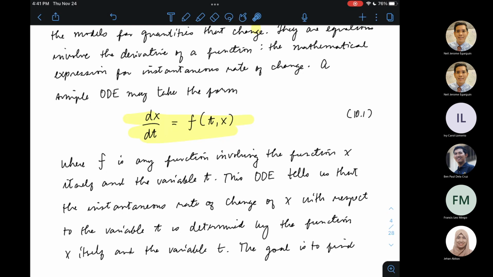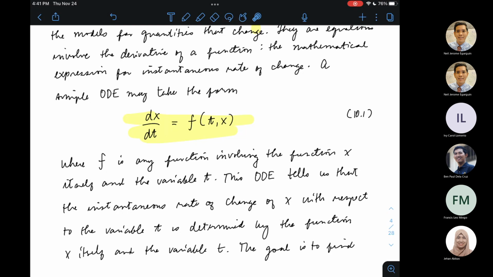So para mas generic, hindi kailangan explicit yung form. We're considering the possibility that the right-hand side involves the dependent variable. Yun nga lang, ang gusto ko yung derivative ay nandun sa left-hand side.